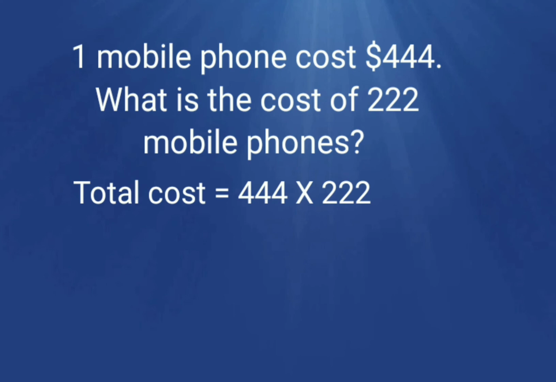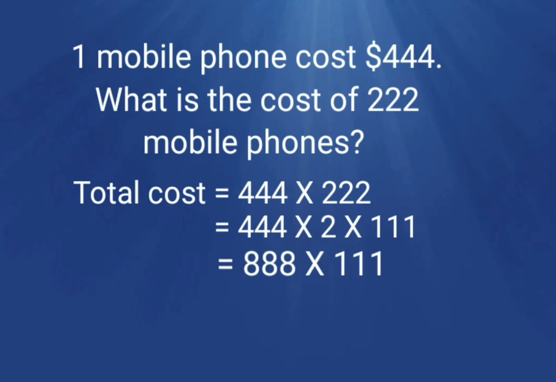Either you can take this 4 from 444 or you can take 2 from 222. Here we can take 444 times 2 times 111. Okay, so that your answer becomes 888 times 111.